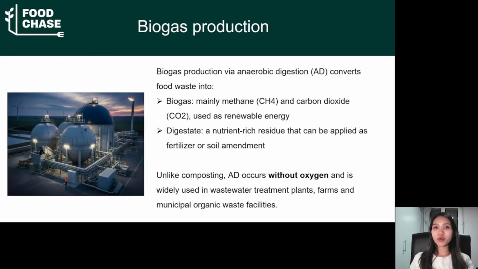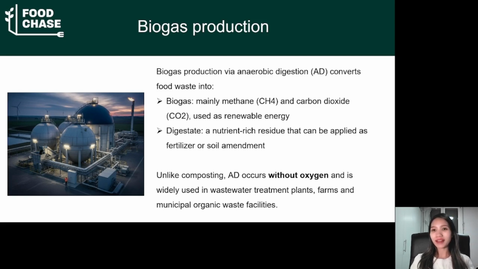Finally, we are going to explore the third option, which is biogas production. In other words, anaerobic digestion. This process can convert food waste into biogas, which contains mainly methane and carbon dioxide.